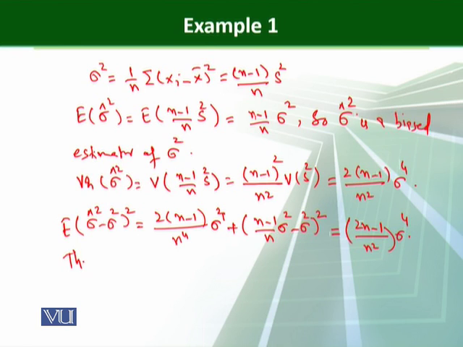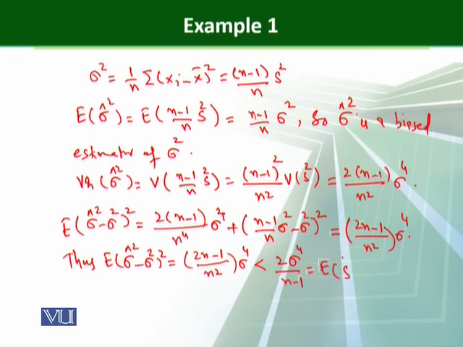Thus, the expected value of sigma hat square minus sigma square whole square, equal to 2n minus 1 over n square sigma raised to power 4, is less than 2 sigma raised to power 4 over n minus 1, which is the expected value of S square minus sigma square whole square.